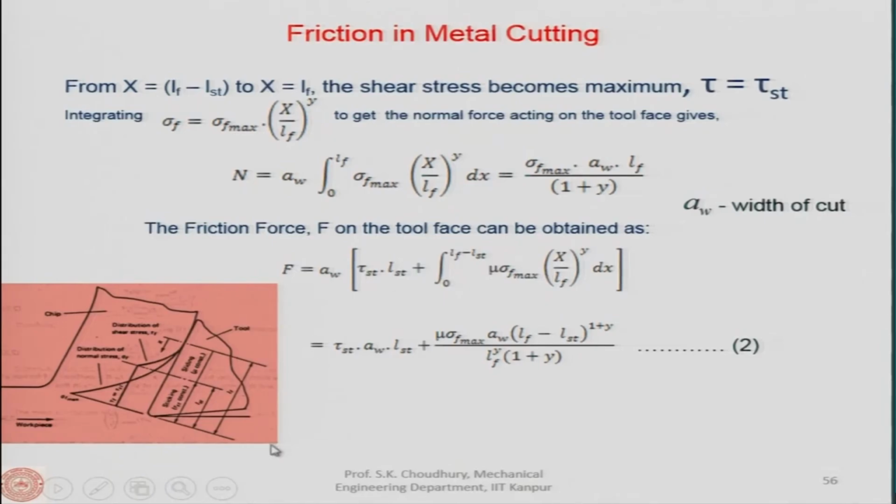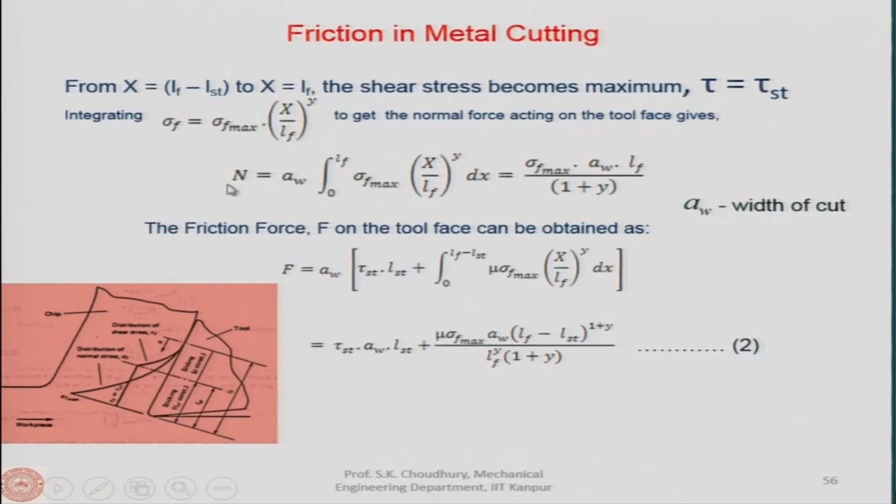This remains the same constant, and then integrating with respect to LF minus LST, from 0 to LF minus LST, if we put the value, it will be mu sigma F max AW, with LF minus LST to the power 1 plus y, divided by LF to the power y, and again 1 plus y. So this is a simple integration.